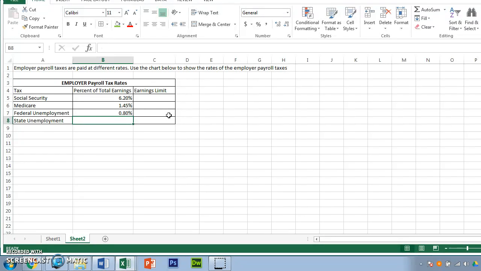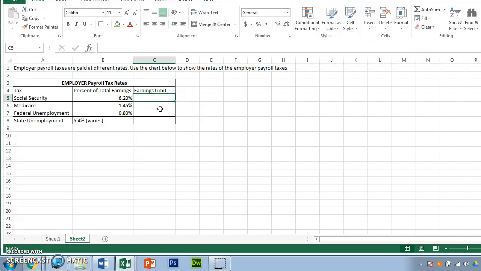And for this one, we're going to use the 5.4%, but actually it varies. It depends on your business. It depends on how many employees are unemployed.